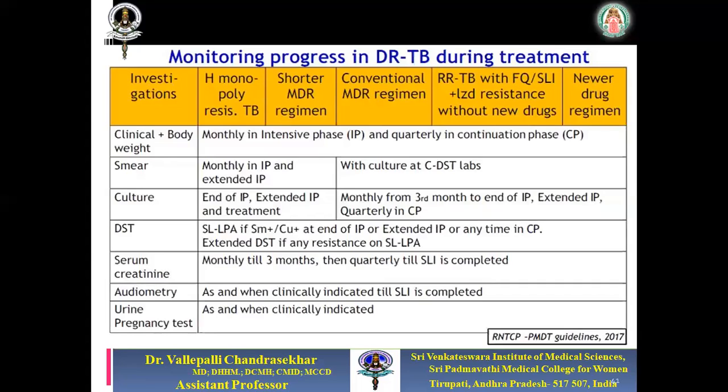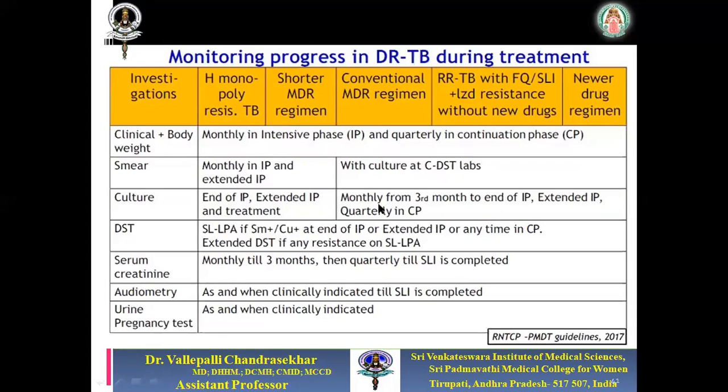These are different investigations: clinical, body weight, smear examination, culture, DST, audiometry, urine pregnancy test. If it is H mono-resistant, we will order the smear examination monthly in the intensive phase and in the extended phase. We will start the culture in the shorter regimen at the end of the intensive phase or extended intensive phase of treatment.